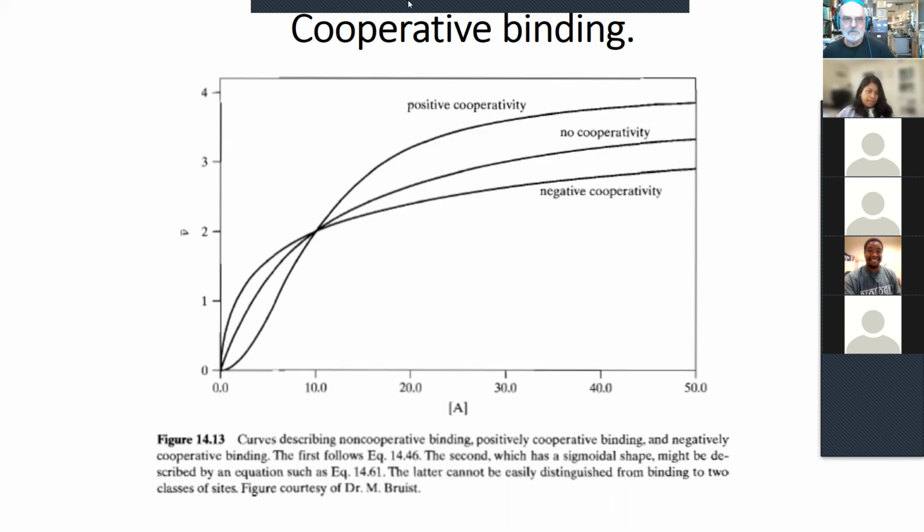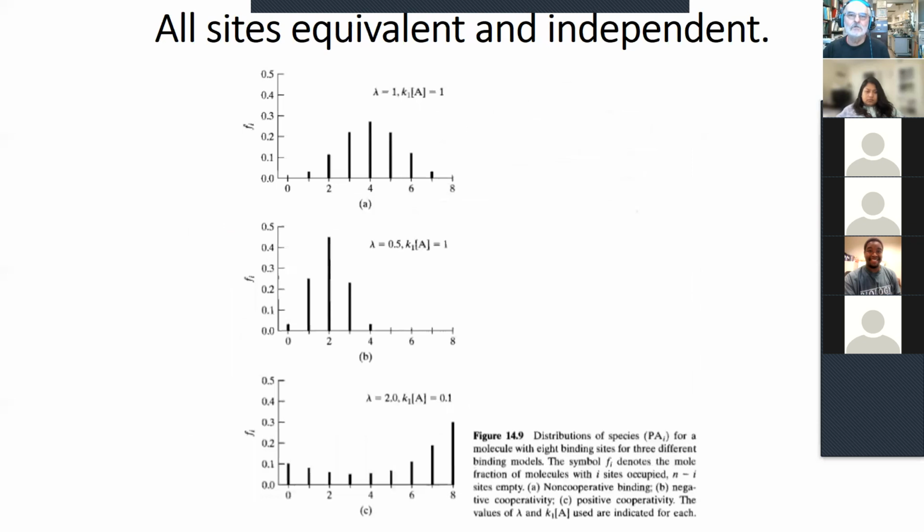I know that because half saturation here is 2, and so they all cross at the same place, where the half saturation gives you the K. One of them is non-cooperative, one is positive, one is negative. And so the question here is, what do we do to analyze this? What do our binding curves look like?